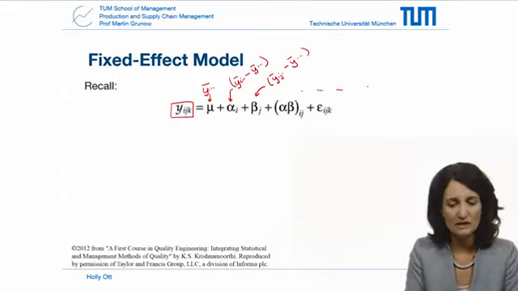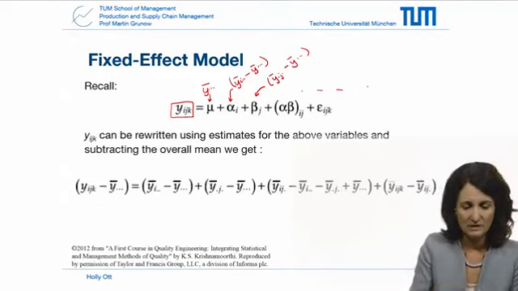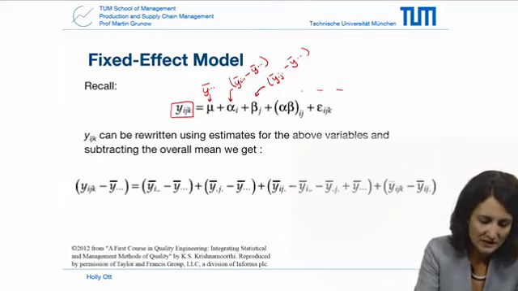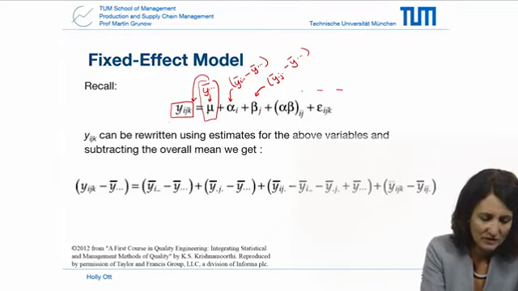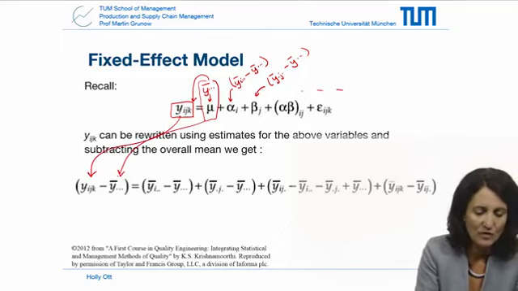Now, if we do this, you plug all those in. So here we see, in this case, what we've done here is we've taken this y dot dot dot, we've subtracted it from here. So there's y_ijk. We've subtracted then the overall mu estimation. Here is our alpha i estimate.